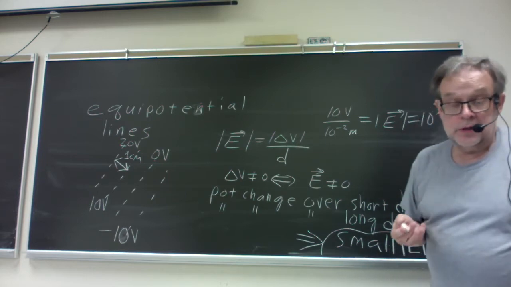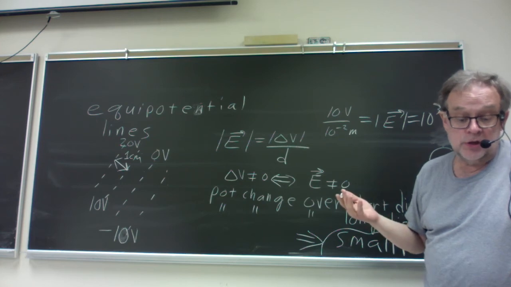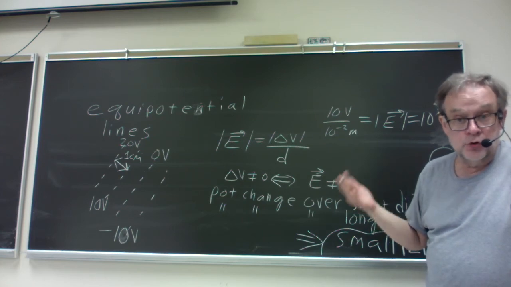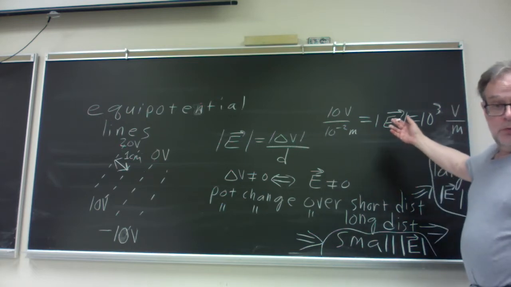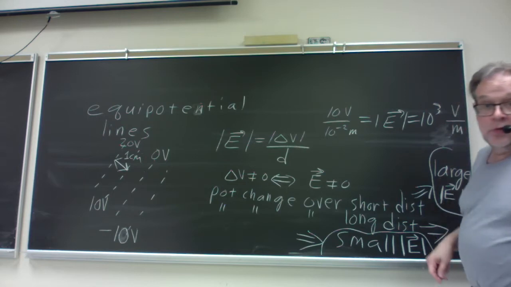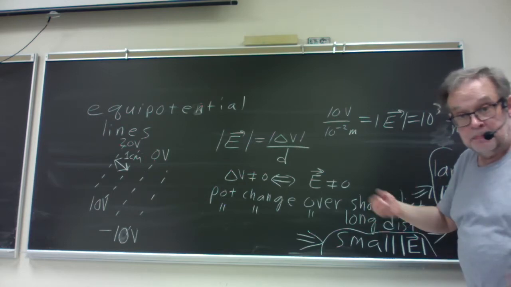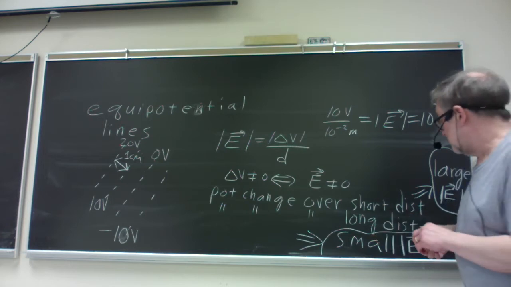We've seen before that a good unit label for electric field is newtons per coulomb. Well, another perfectly good unit label for electric field is also volts per meter. They mean the same thing. You could use either one.